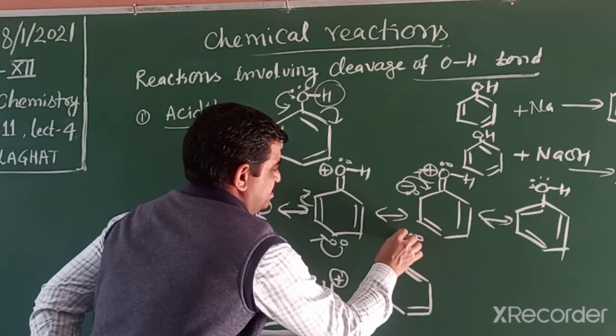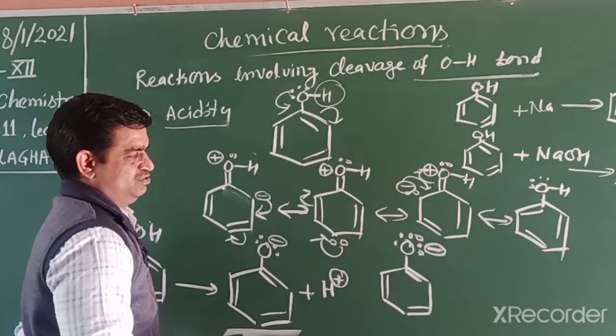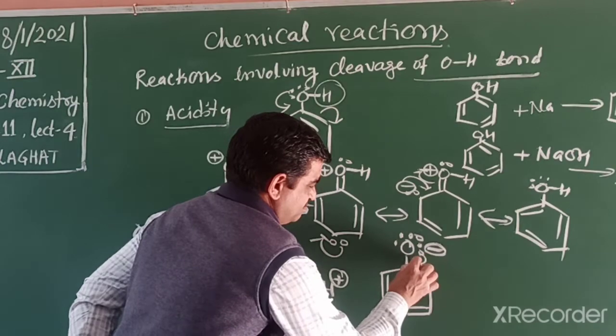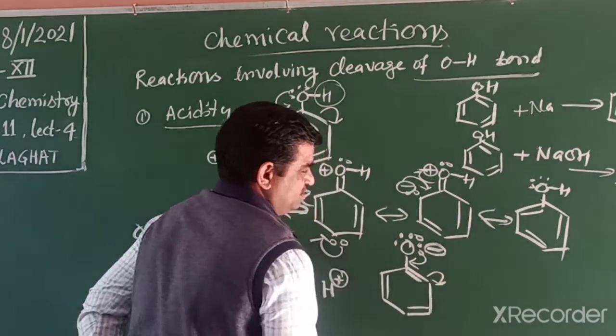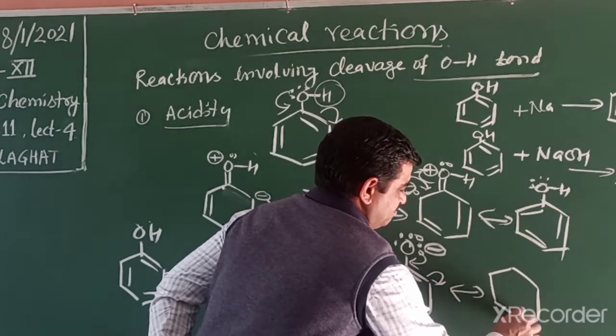In phenoxide, oxygen has a negative charge, so this negative charge can move into the benzene ring. So it shows resonance.